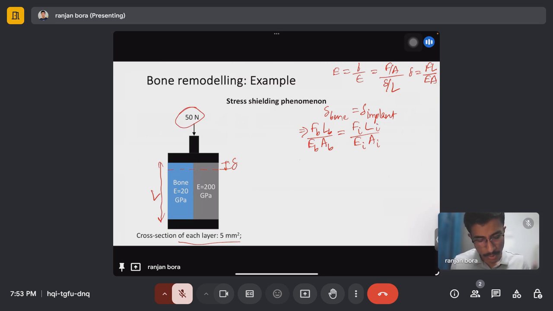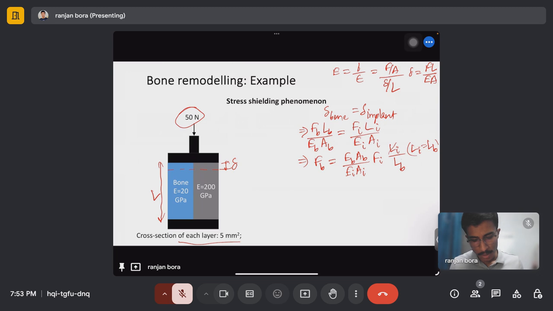Now from this equation, you can write FB as EB AB by EI AI into FI into LI by LB. We'll take LI equal to LB, so this term will be cancelled out. So this is the FB.